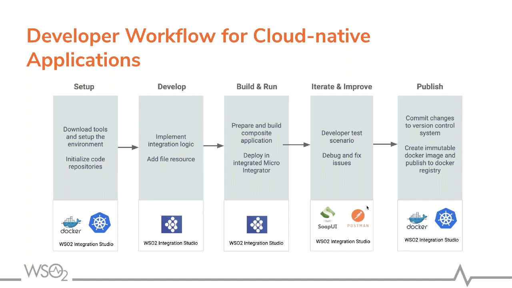Then you build the composite application and run it inside the embedded micro integrator, iterating and improving until you're done. And then you have the capability to decide whether you're going to publish a composite application, or whether you're going to publish a Docker image itself as your artifact. That is where the difference is when we have gone to cloud native applications.